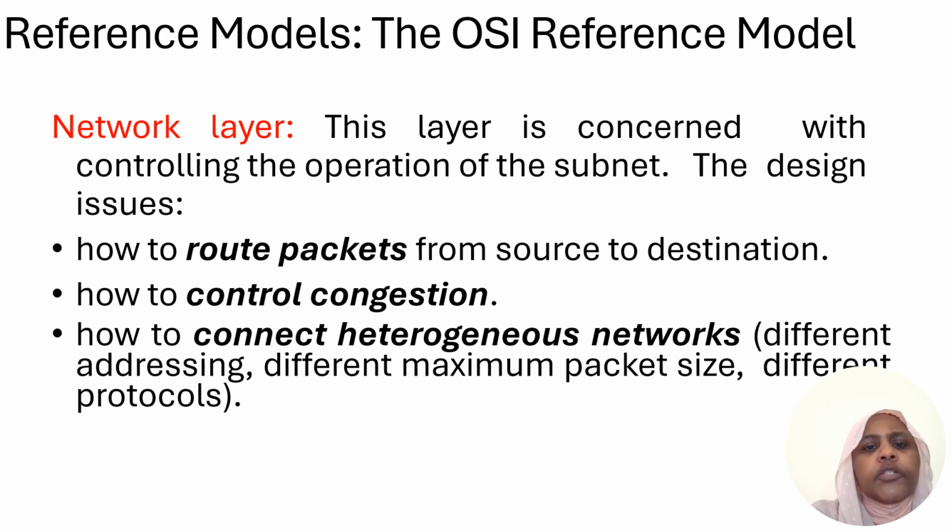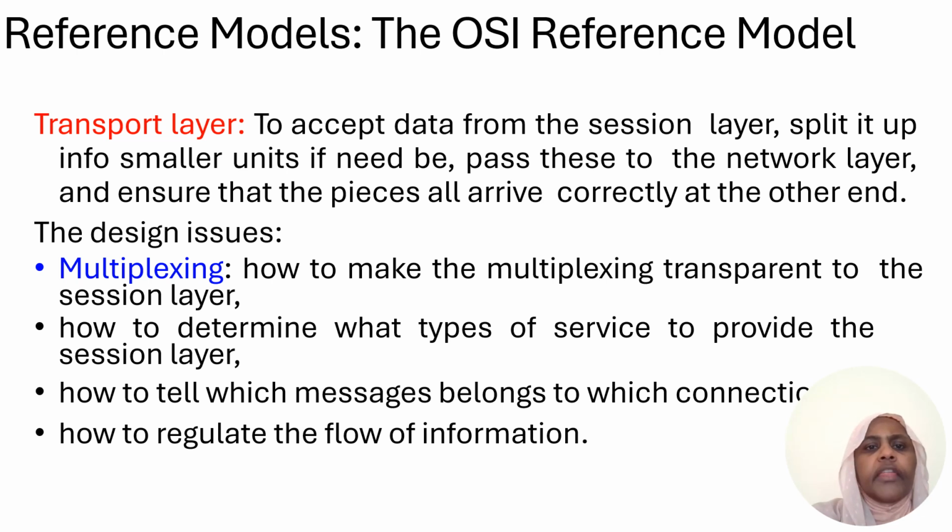The network layer has to deal with routing, congestion control, and how to connect heterogeneous networks. The transport layer is responsible for taking the messages from the upper layer, the session layer, splitting them into smaller segments, sequencing these segments, and multiplexing different connections into a single channel.